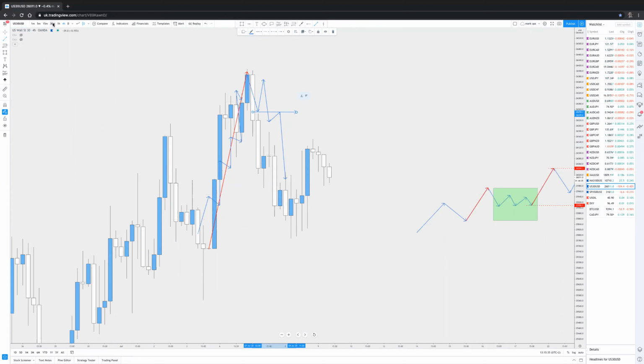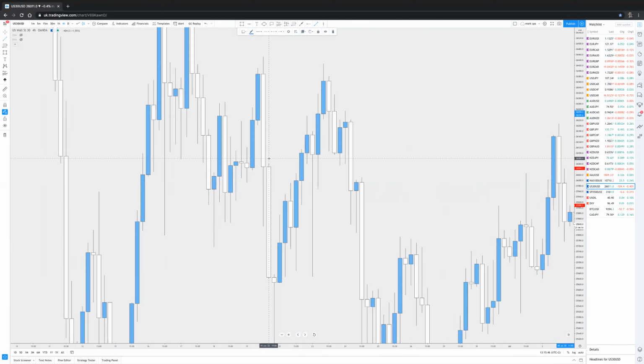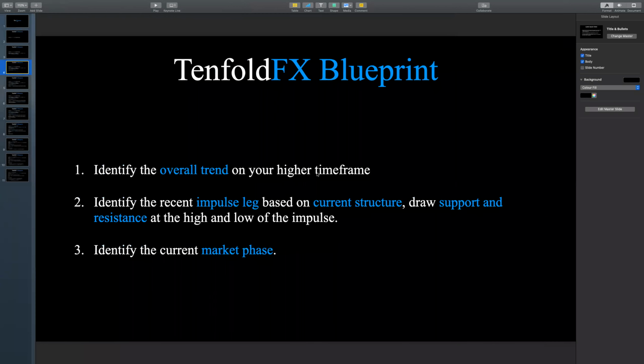If you are doing it on the 30-minute and stuff like that, and your impulse is not that big, then obviously you're not going to look into that. Before I go forward, I just want to make mention that your overall trend is on the higher time frame, whichever higher time frame you choose. I understand that there are people that may be working or whatever the case may be, so you may use H1 as your higher time frame.